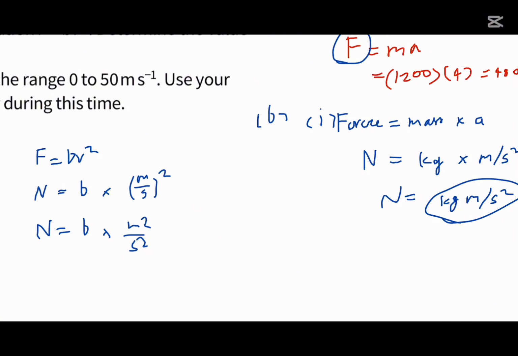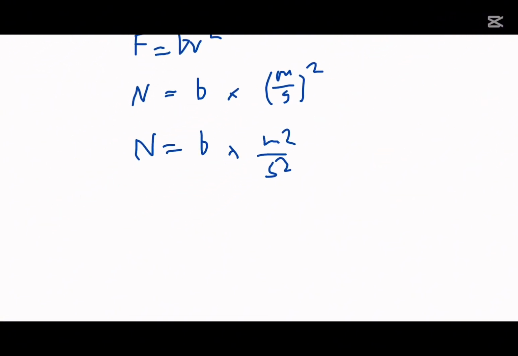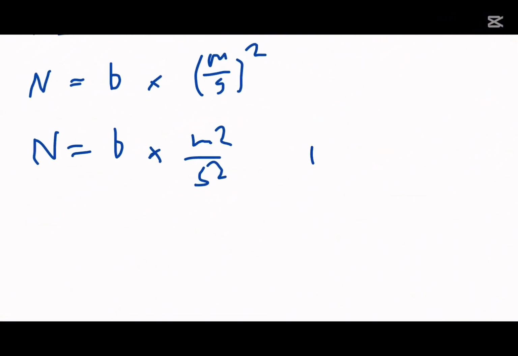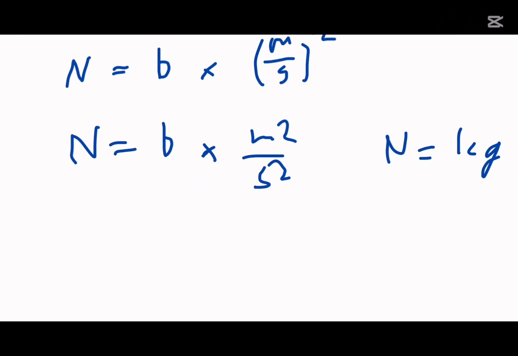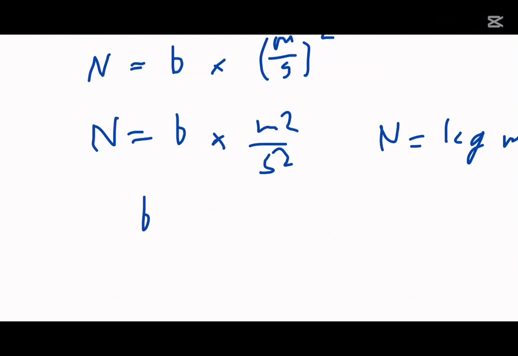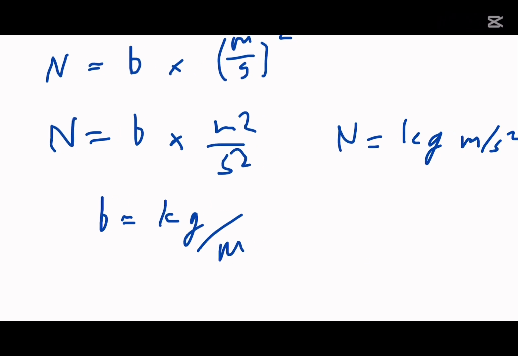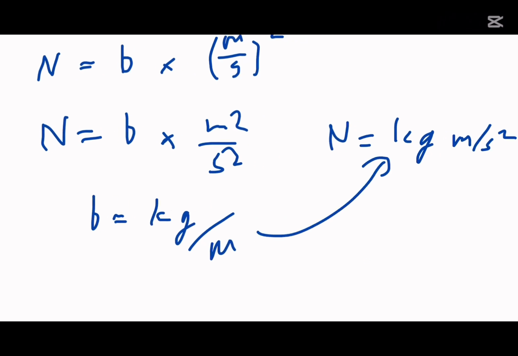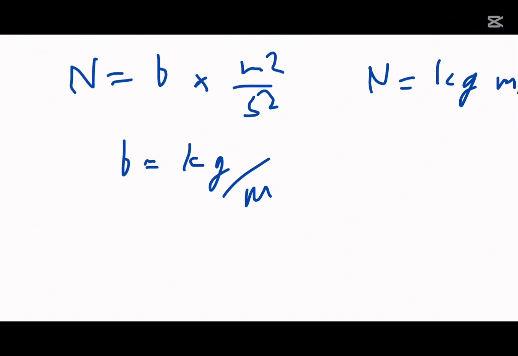So I'm going to derive the units of b. To get newton equals kilograms meter per second squared, b needs to be kilogram per meter. I hope that makes sense. I don't know, I'm explaining this very badly.